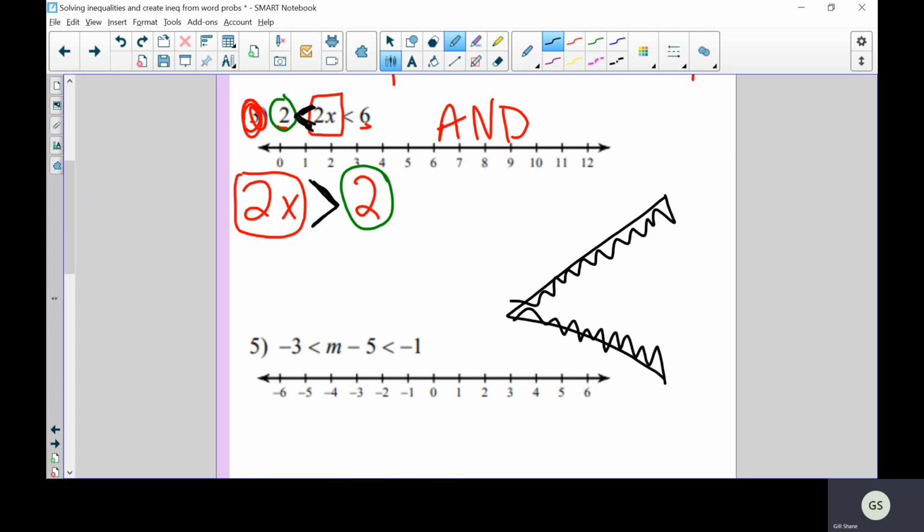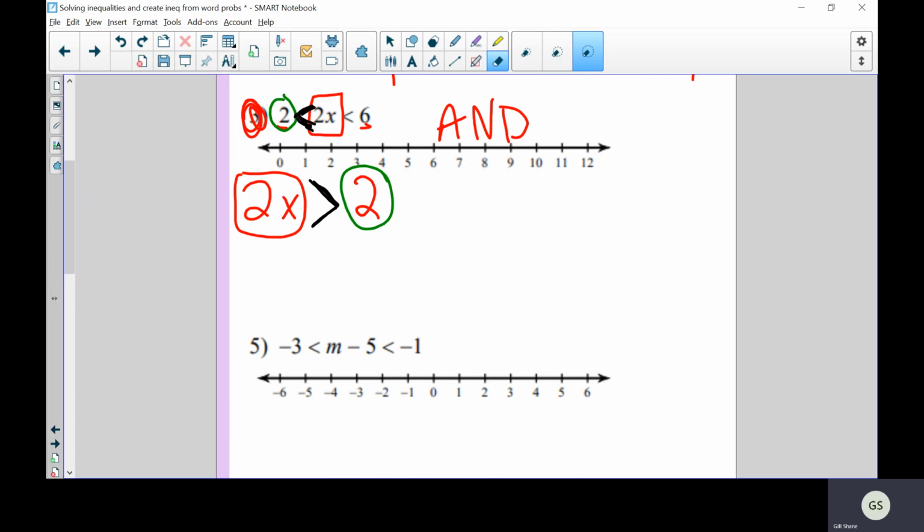That's really, in my opinion at least, the only tricky part when you change the sides like that. When you move what's in the red box in the middle to the left and you move the green 2 to the right, you just got to remember to flip that sign. Now it's still going to be an and statement.